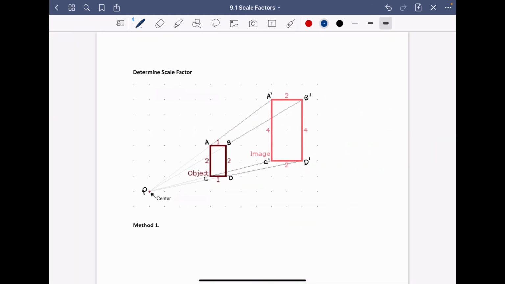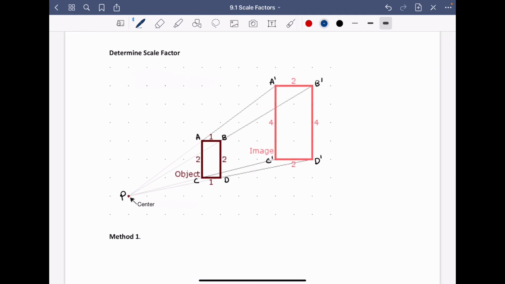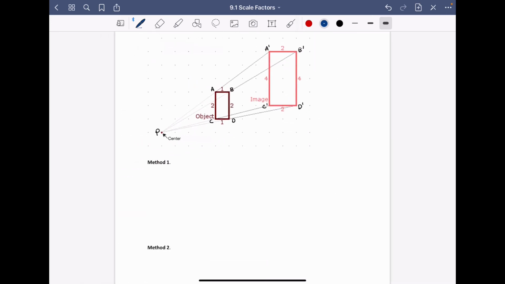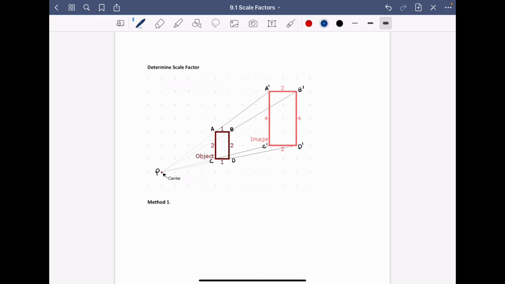All right, let's check out the last example here. Last example is determining the scale factor. Okay, so there are two methods to determine the scale factor. The first one is by looking at the distance between the center to each of the corresponding points.